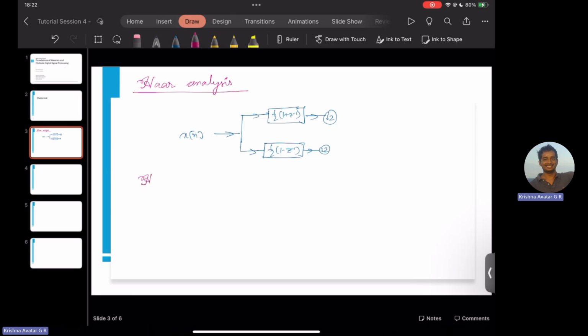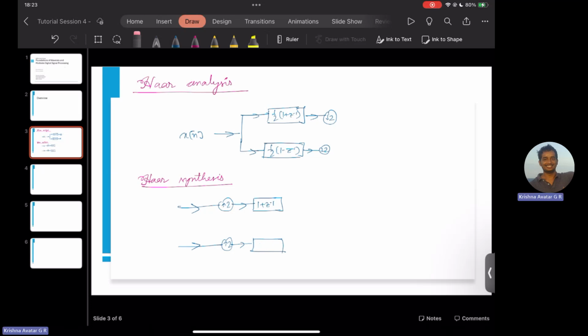And how about synthesizing the signal back? Of course, once we have done the decomposition part, then we try to upscale the signal. In the synthesis part, we have 1 plus Z inverse and 1 minus Z inverse.